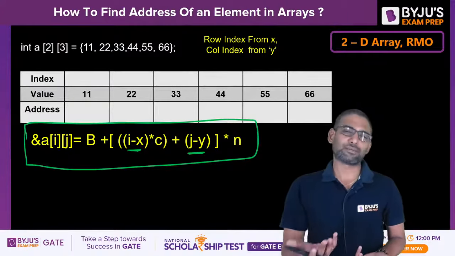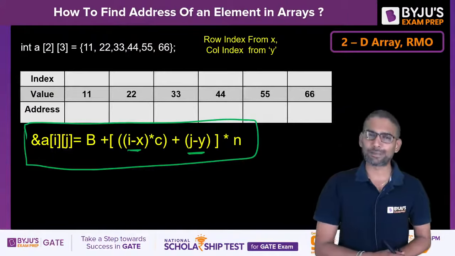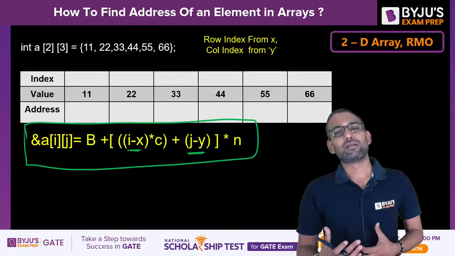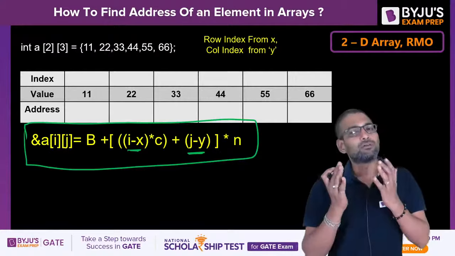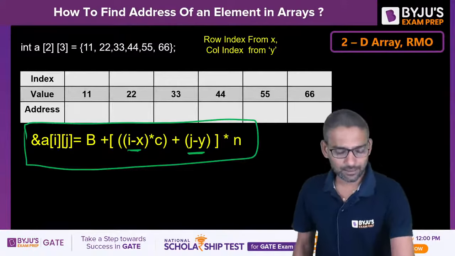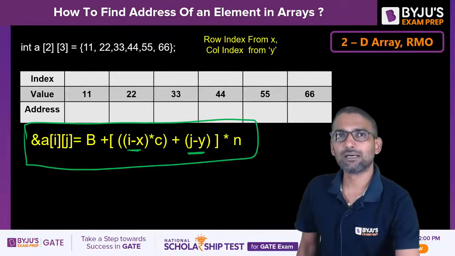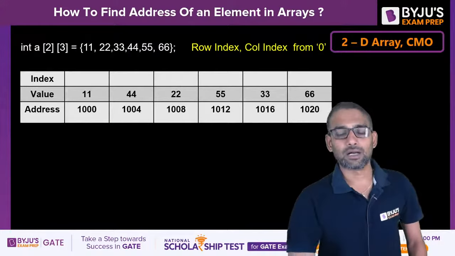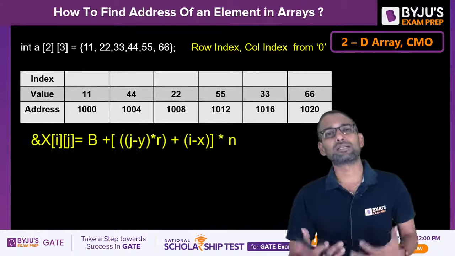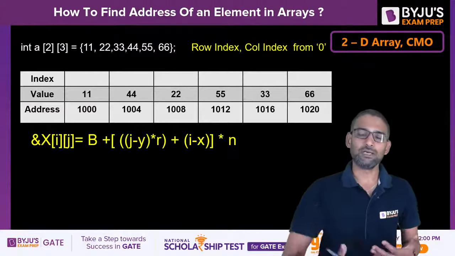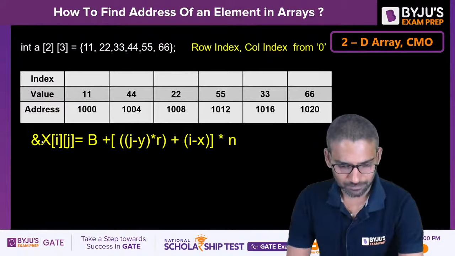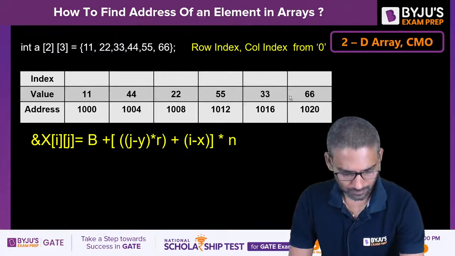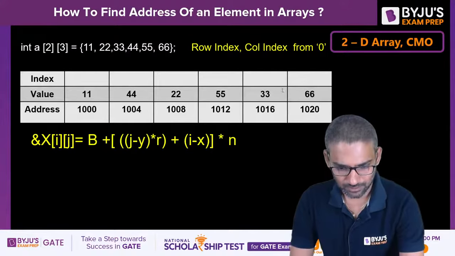For the GATE exam, we need not expect column major order. But as you are learning not only from the GATE perspective but as a language, for your idea, I am giving the general formula for column major order and how it evolved. You can understand with the experiment from 0, from 1, from I, from K, from X, from Y. Got it?